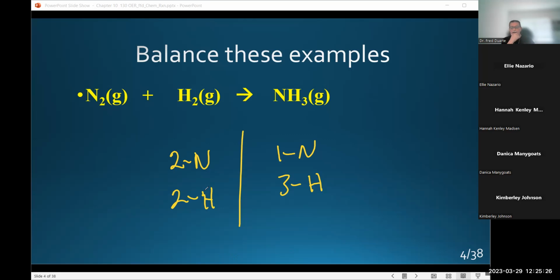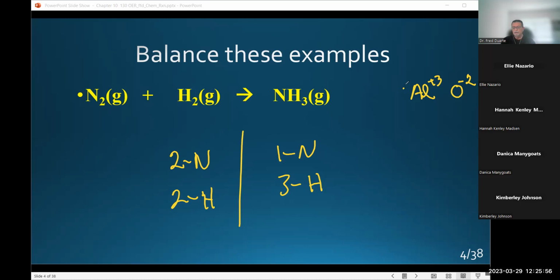As a guideline, recall when we were putting formulas together, and we ended up finding a common number. Recall we did, let's do an example. We had the aluminum ion and the oxide ion come together to form aluminum oxide. What do we do? We look for a common number.